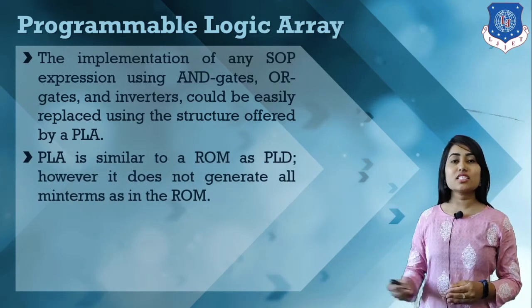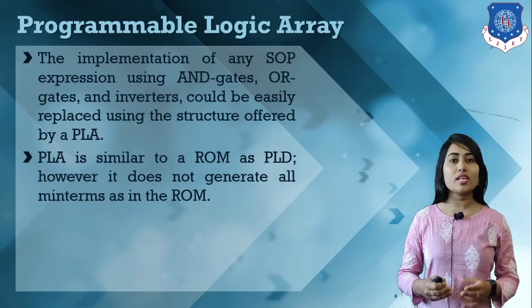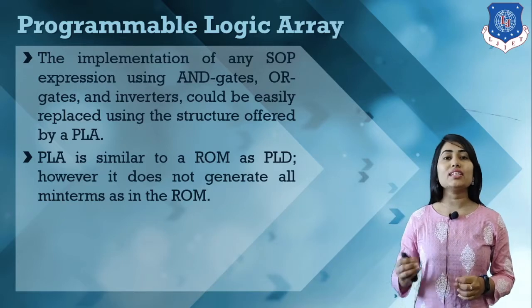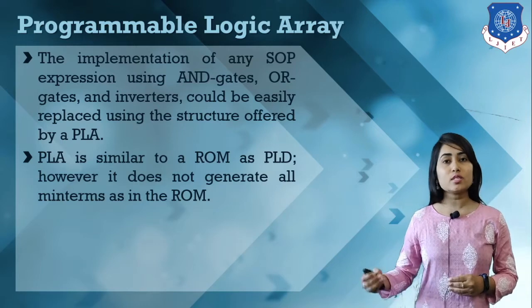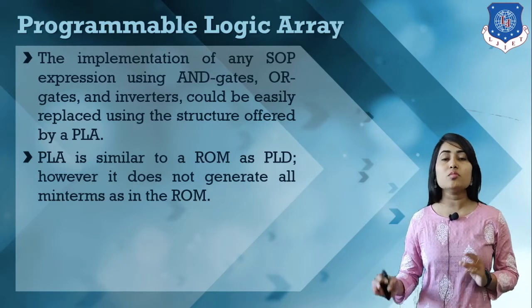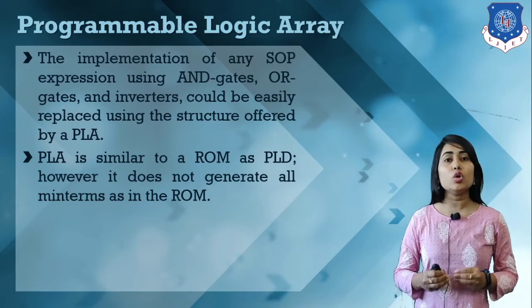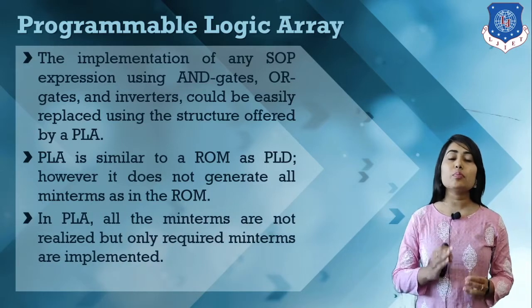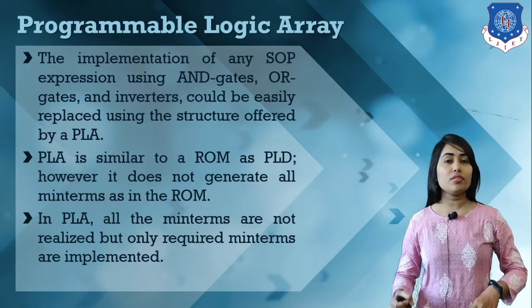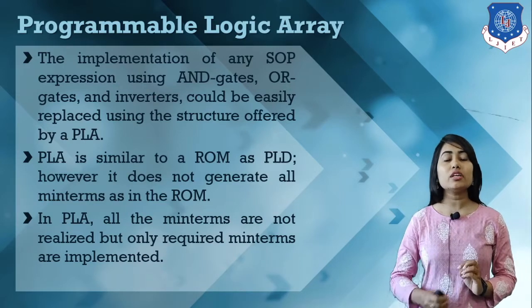This PLA structure is quite similar to ROM as a PLD, but in a ROM as a PLD we have all minterms. However, in this PLA we have only the required minterms. So in this PLA all minterms are not realized, but only the required minterms are realized.